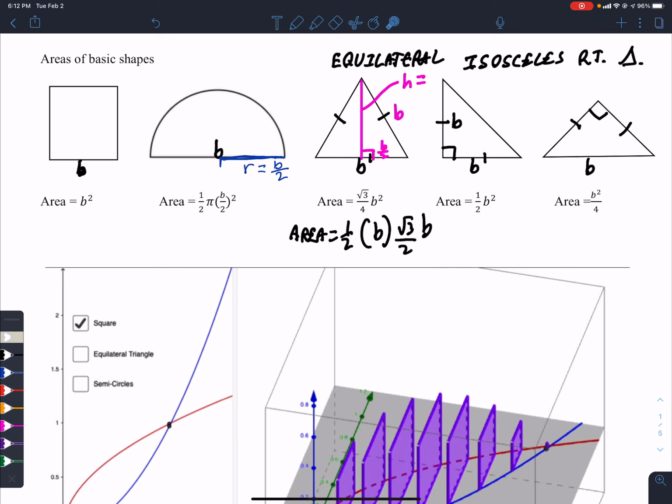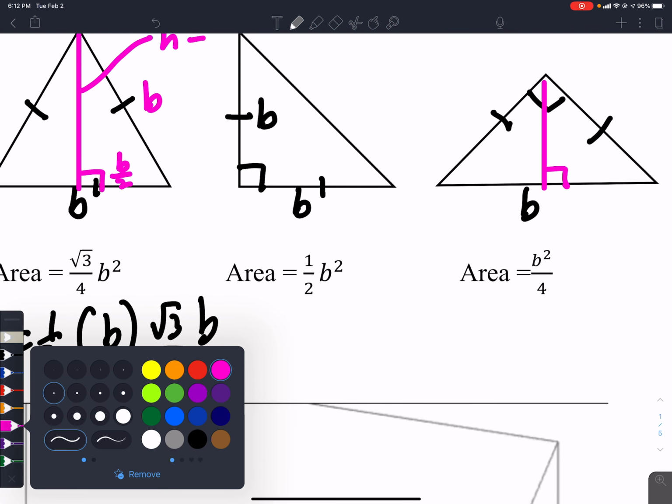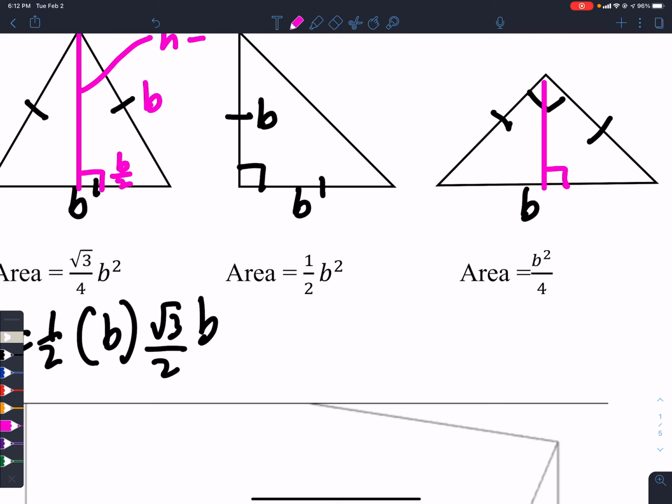Well, the one with the hypotenuse is actually pretty easy also, because I'm going to draw this, and I'm going to draw that straight down. So that's going to make, check this out, this distance from here to here, b over 2.